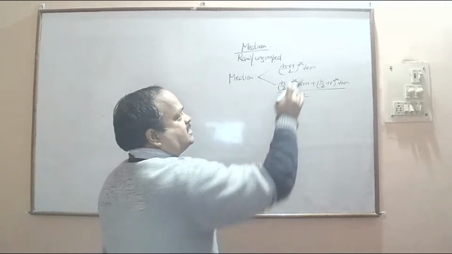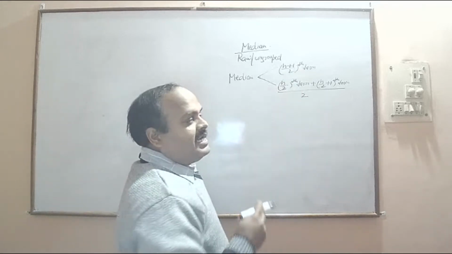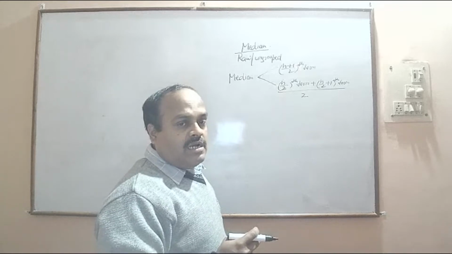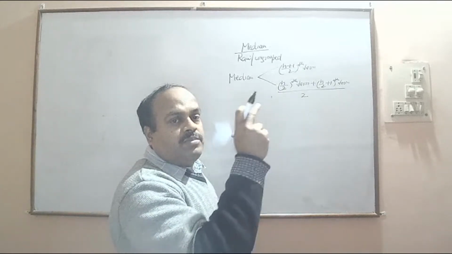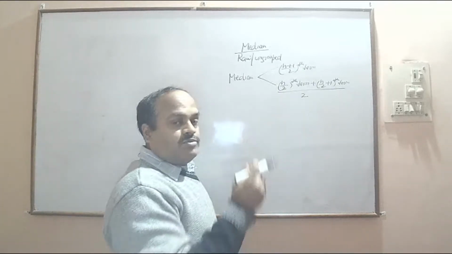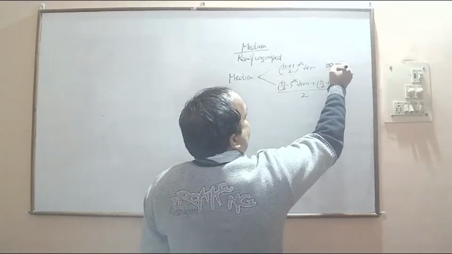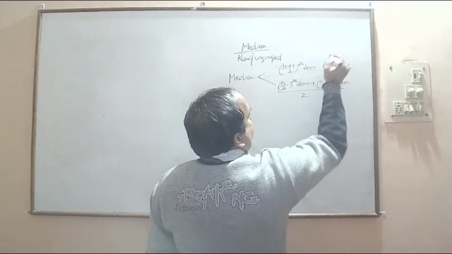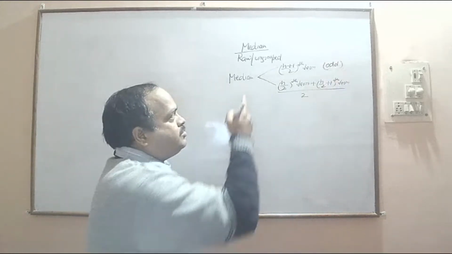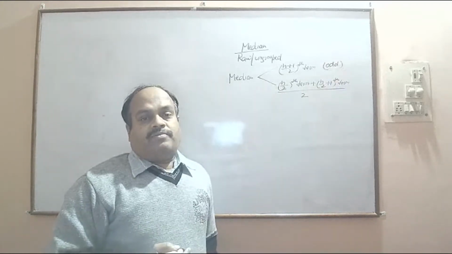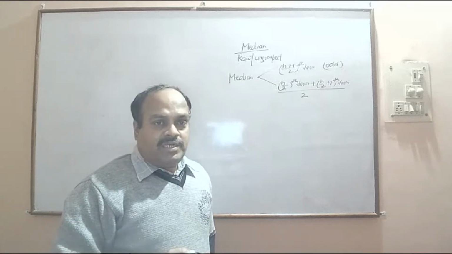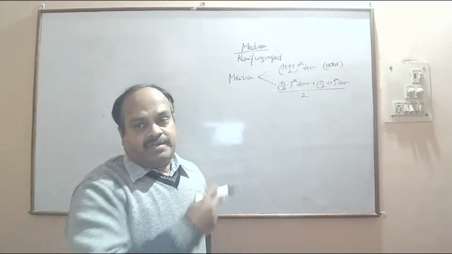When do we use this? If the number of terms when we count is an odd number, then we use this formula for finding the middle term or median.